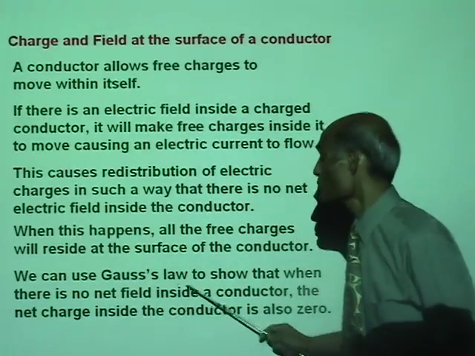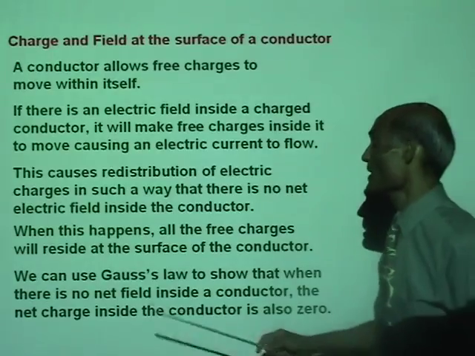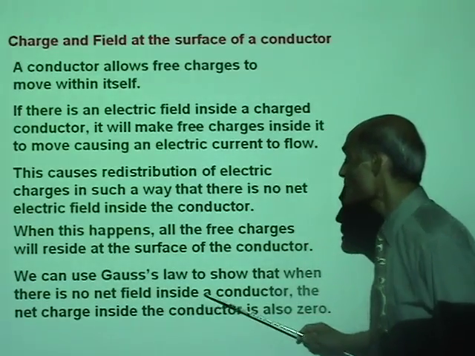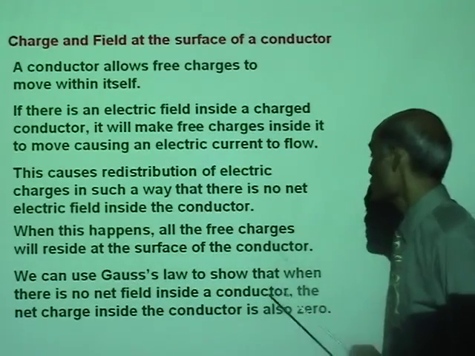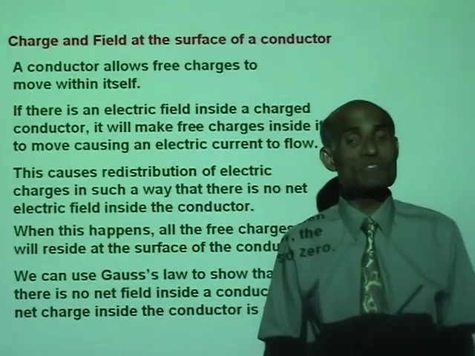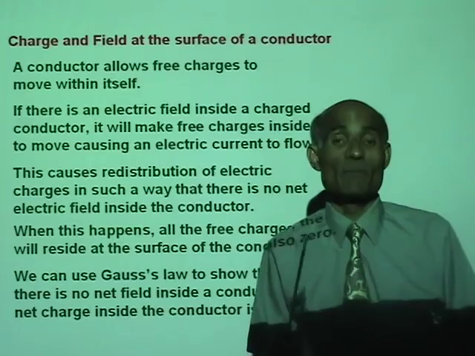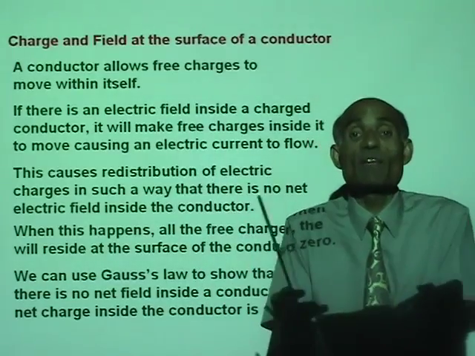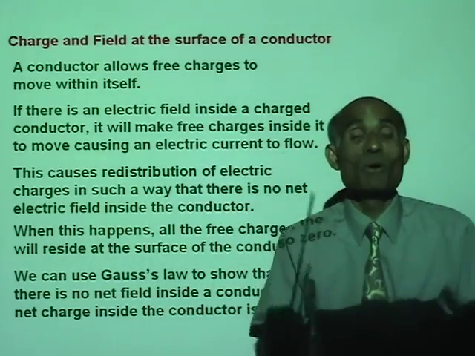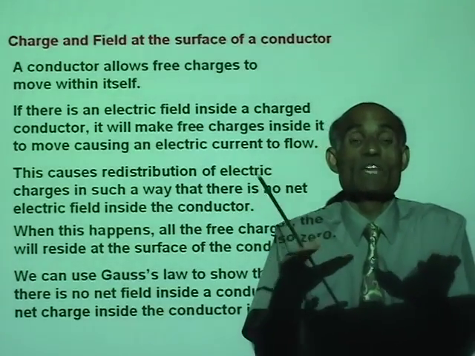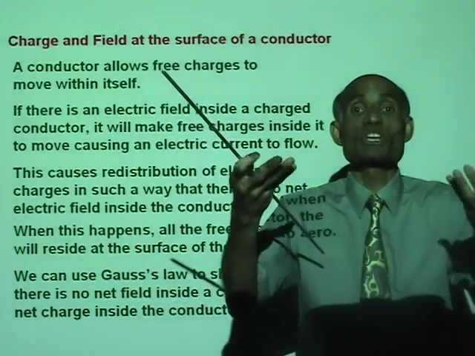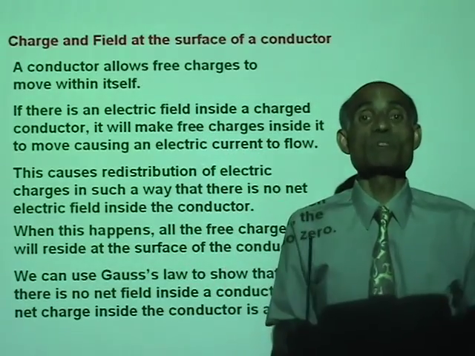Now, we can use Gauss's law to show that when there is no net field inside a conductor, the net charge inside the conductor will also be zero. Anywhere there is no net field, there will be no net charge. Is that right? If there is no net field, the net flux crossing a given surface will be zero.